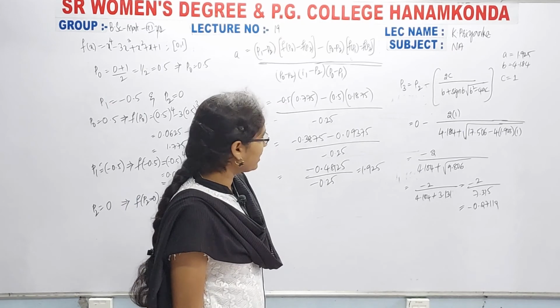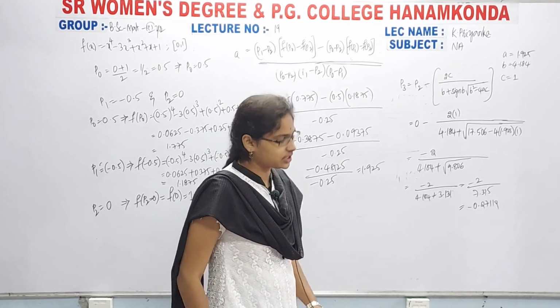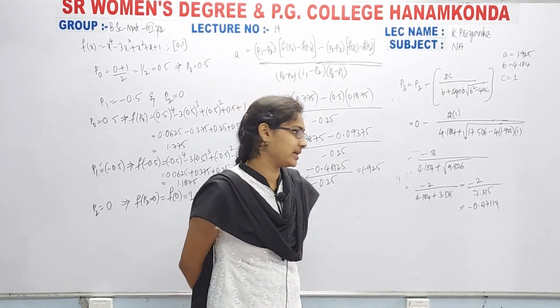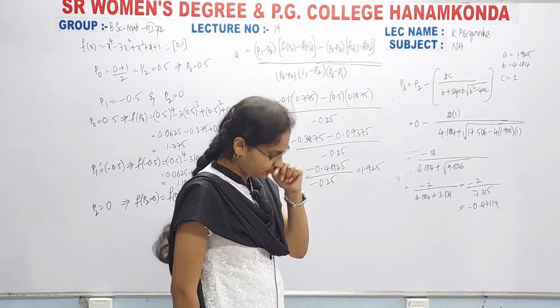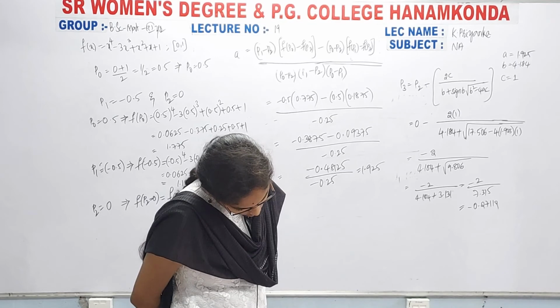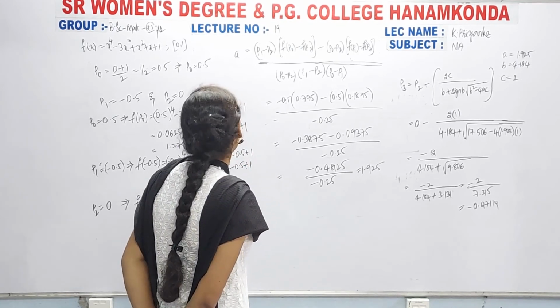So this is nothing but the P3 value. Now P3 can be written in a plus ib form, or we can write it directly as a value, but here we have the P3 value in terms of the imaginary i. Once I want to check the values, P0 is equal to 0.5, yes, correct.